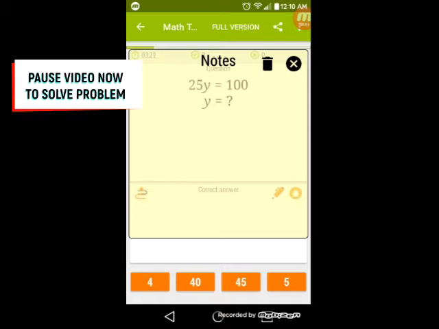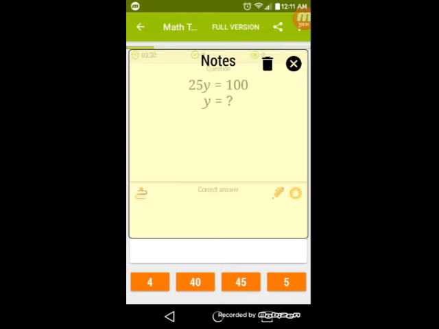Okay, 25 divided by y is 100. 25y is the same as 25 times y. So it's multiplied by 25. If you take it onto the other side, it becomes divided by 25.